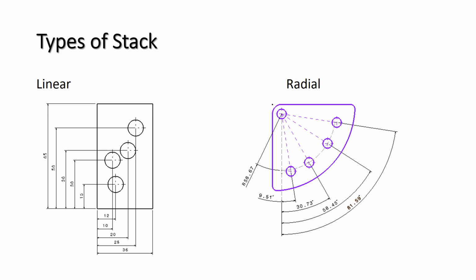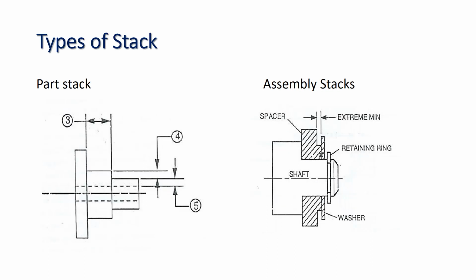Linear stacks generally come with dimensions, and radial stacks generally comprise many angles between the two sectors, and positions of the holes.